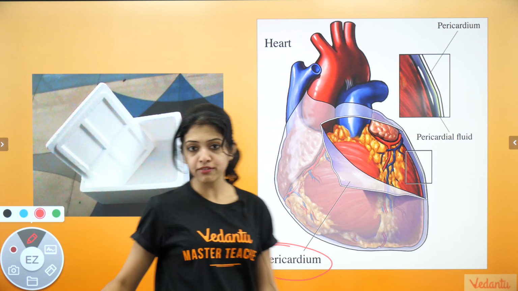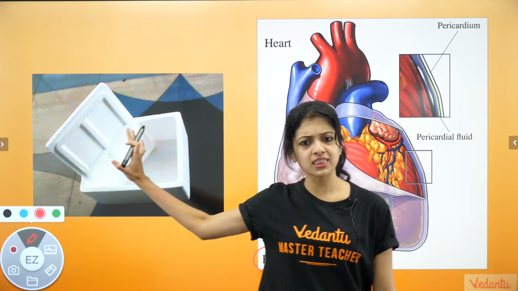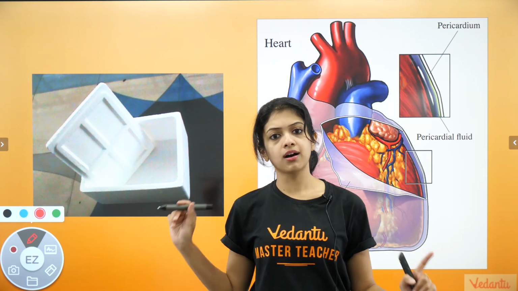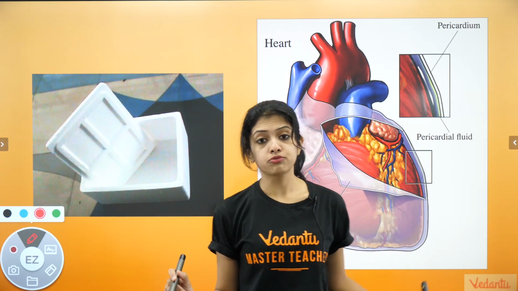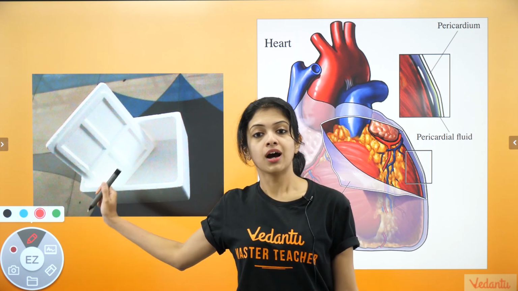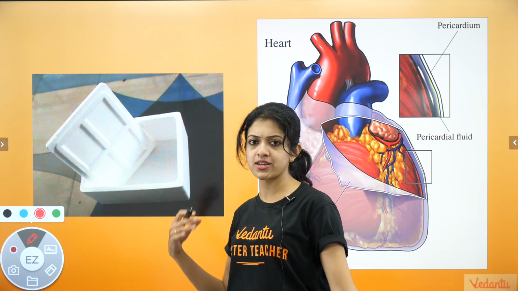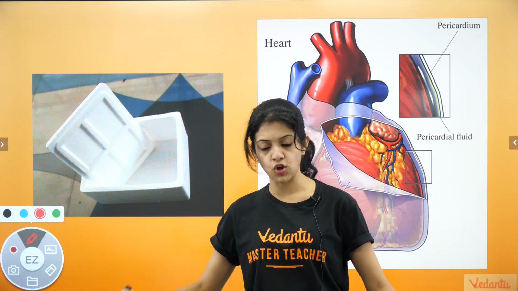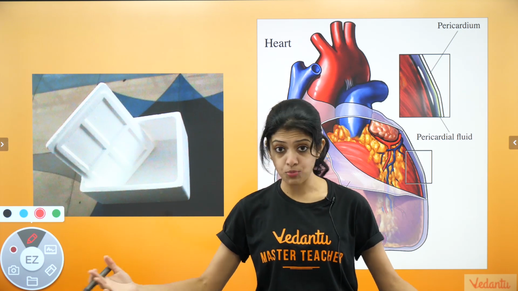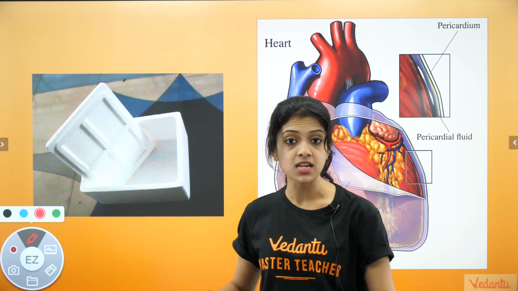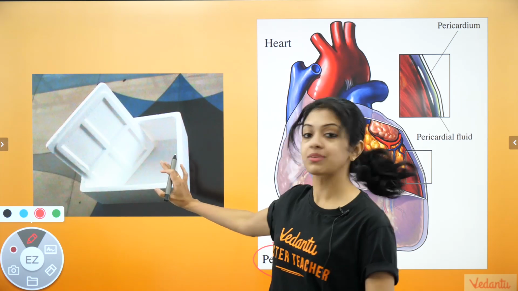Now, why do you think I have shown this here? This is just a thermocol box. It's nothing to do with the heart, just so that you could relate the function of the pericardium to the function of a thermocol box, like you order something from Amazon or Flipkart or any other online shopping website, and if you order something very, very delicate, you get it delivered in something like this.